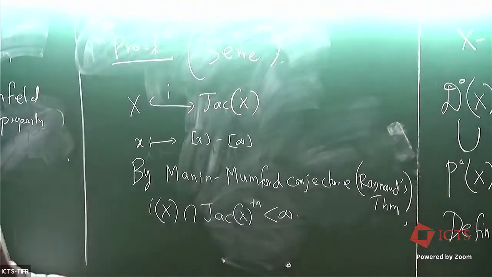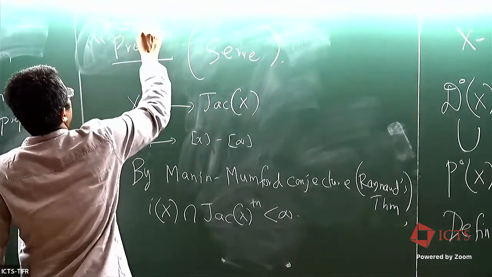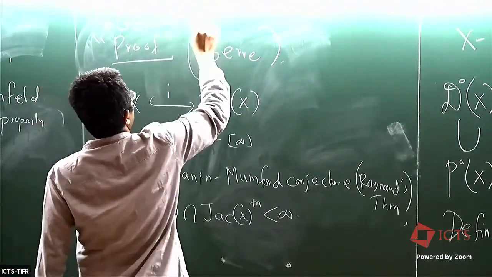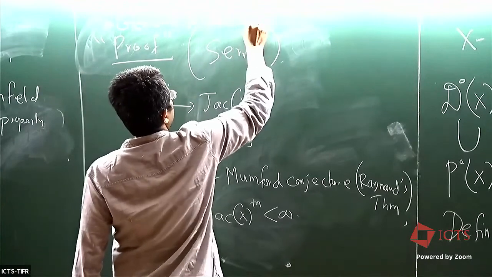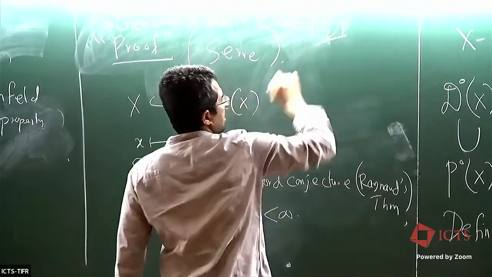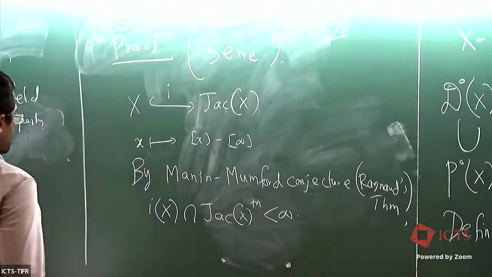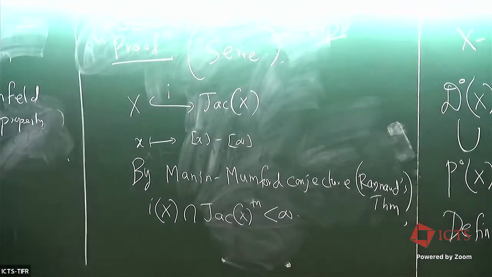I'm trying to prove that this general X does not have, I call it MDP, the Manin-Drinfeld property. Okay, so you have this I X intersection Jacobian of X is finite.